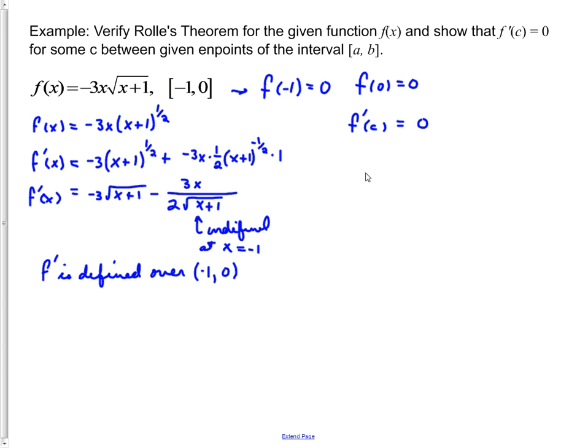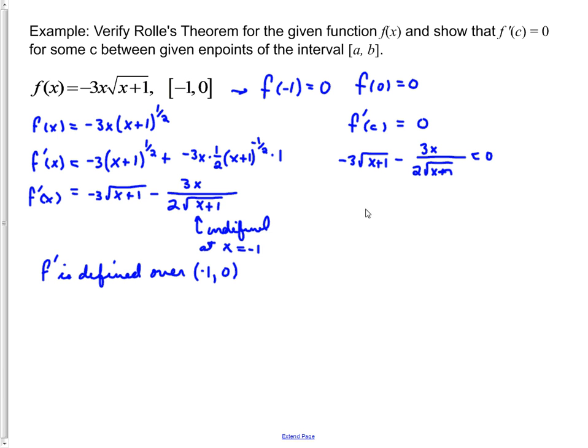So we set our derivative equal to 0: negative 3 times the square root of x plus 1, minus 3x, divided by 2 times the square root of x plus 1, equal to 0.